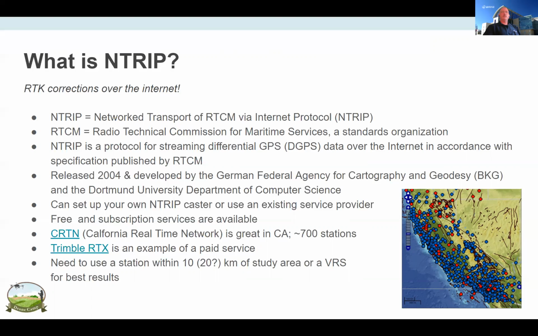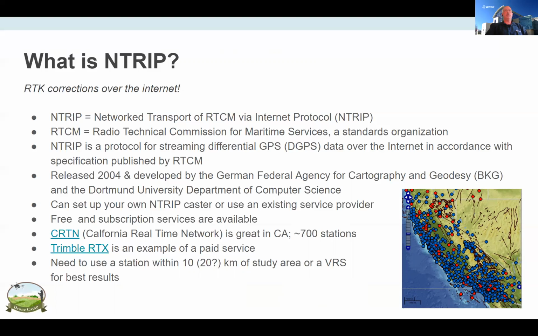The reason that's important is that for differential GPS to work, the base station needs to be nearby. It needs to be experiencing the same sorts of atmospheric and other interference problems as your receiver, so that the corrections it's generating are valid for that receiver. You want to be within 10 kilometers if you can.